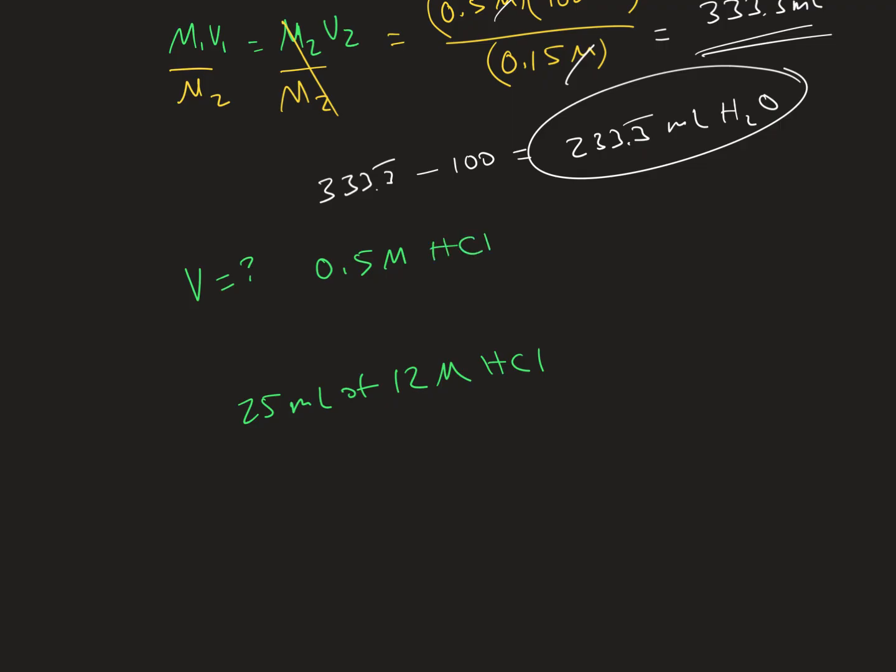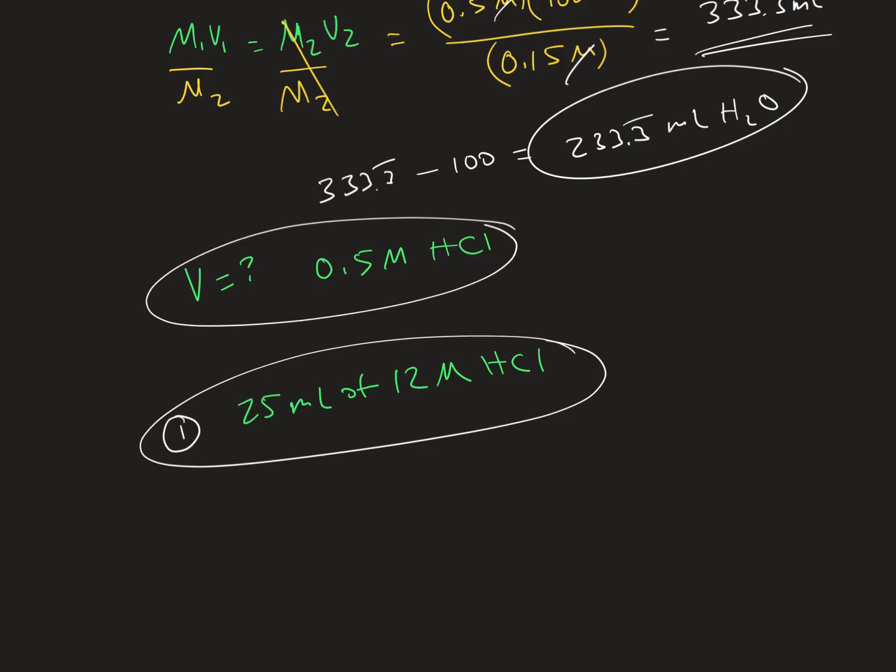You follow? Okay. So this is my V1. Is this my solution 1 or solution 2? Does it matter? It really doesn't matter. Okay? But this is what I start with, right? So that's why I like to call that 1. And what I'm ending with, that's my solution 2, but it really doesn't matter.